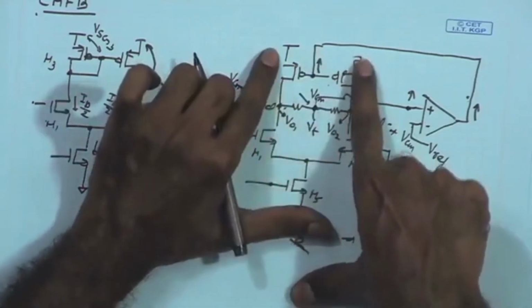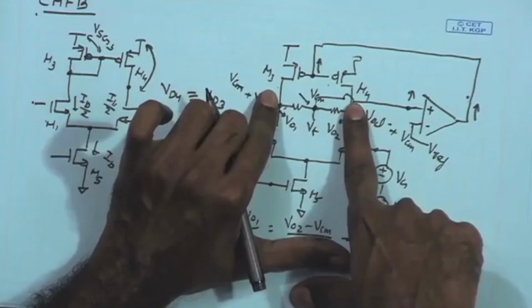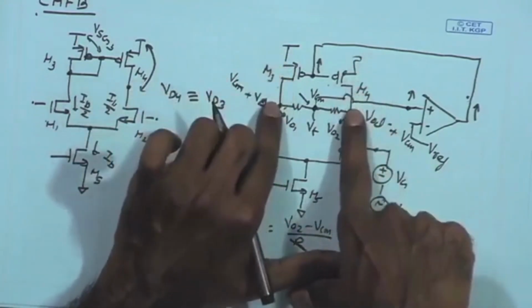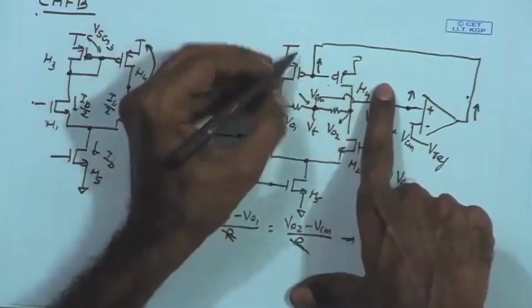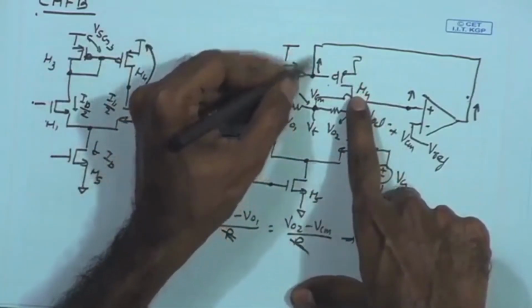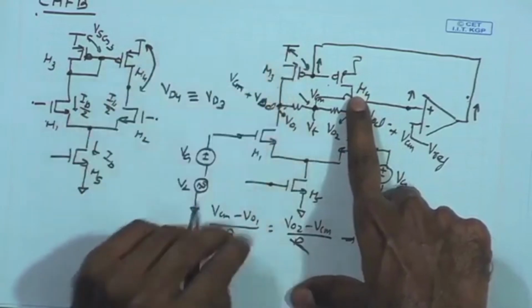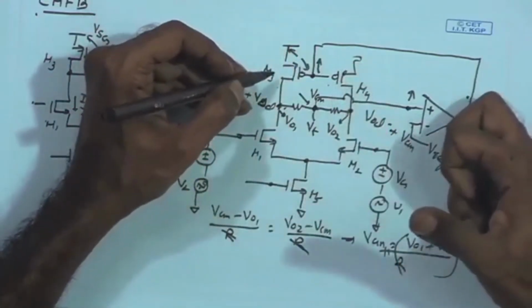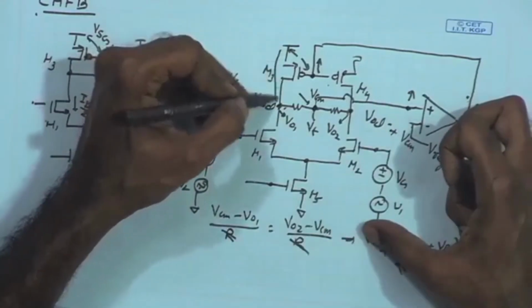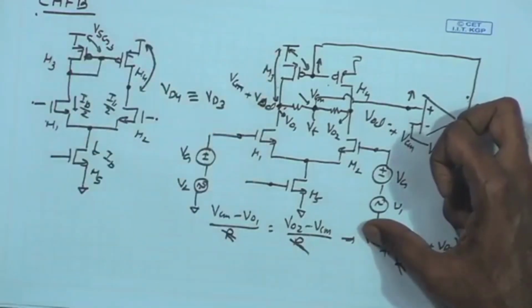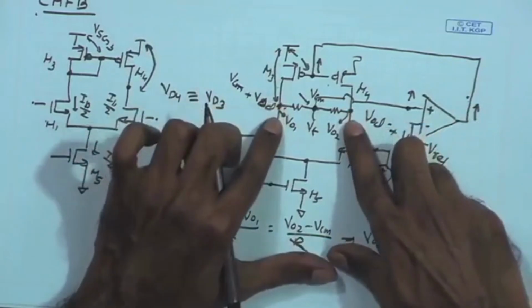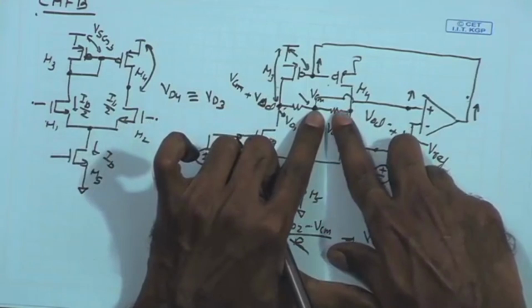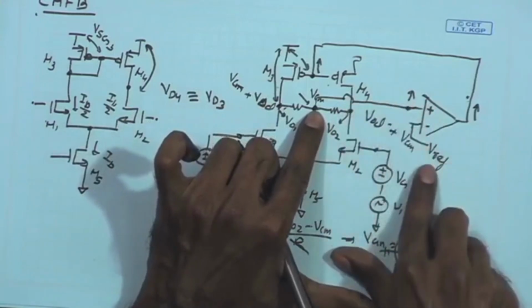In order to maintain the same DC current I bias by 2, what should happen to the drain voltages? It should go down, because you are reducing the VSG by pulling the gate voltage up. So, VSG for both the PMOS is getting reduced. As a result, the only way to maintain the same I bias by 2 current through both of them is to increase the VSD of both the MOSFETs, and therefore, it will try to pull down both the drain potentials, and as a result the common mode voltage will come down again close to Vref.